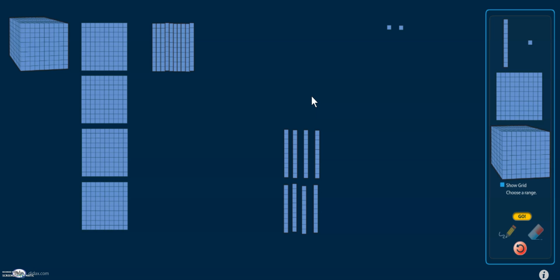Now, if you look at the back, at the other worksheet, subtracting 4-digit numbers, you're going to do the same thing, except instead of adding more blocks after you represent the first number, you're going to be taking away that number of blocks that the second number is representing.